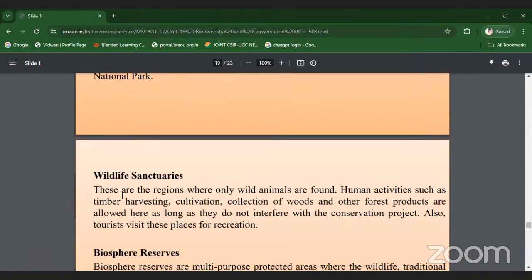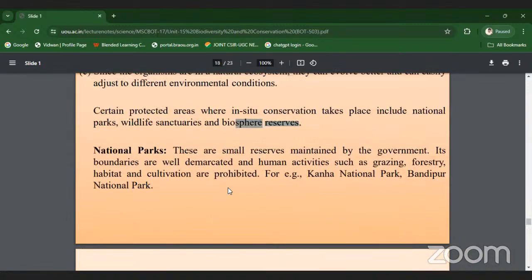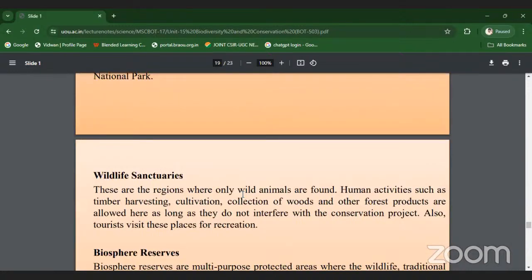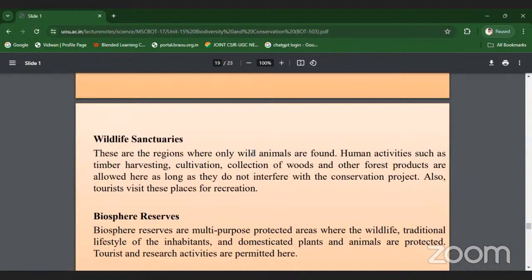Next, wildlife sanctuaries. These are the regions where only wildlife exists. Boundaries are demarcated. Wildlife is protected.